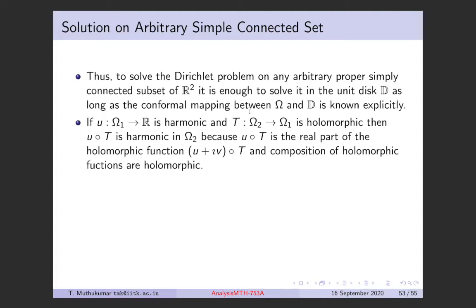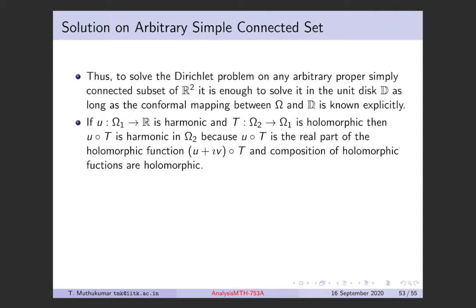Now this requires a notion, because when you find a harmonic function in D satisfying g on the boundary, you take that harmonic function and compose it with the conformal map from omega to D, and that composition should also be a harmonic function.